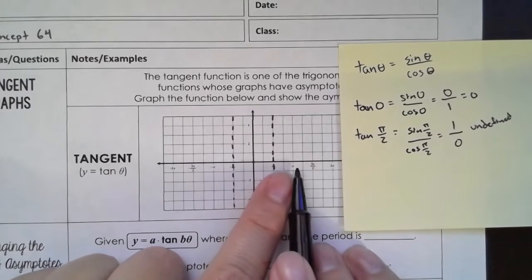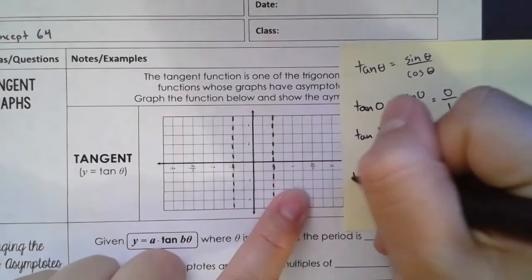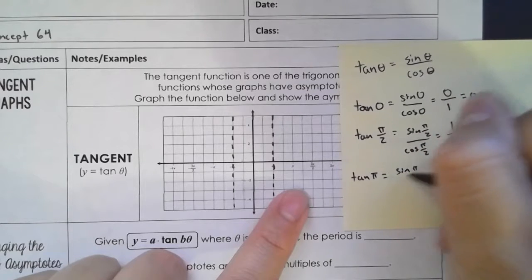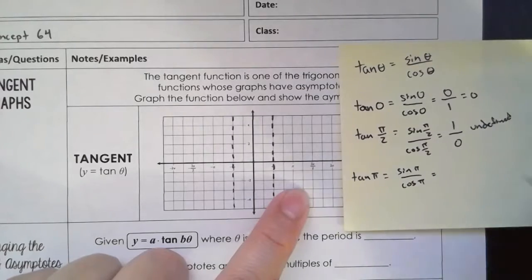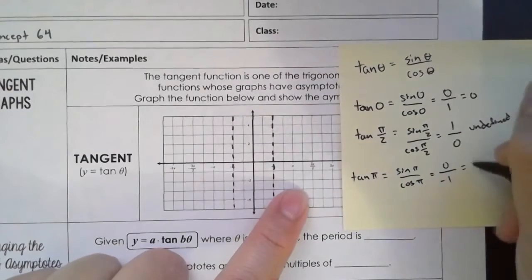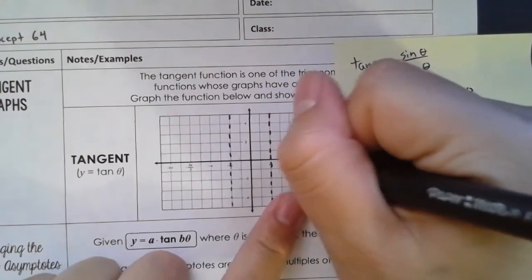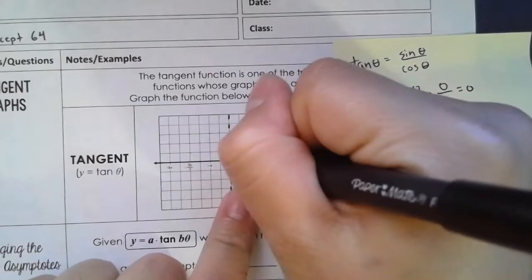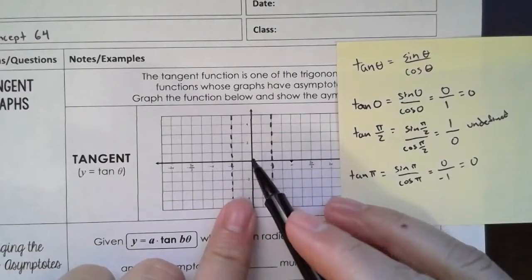So let's go ahead and take pi. Tangent of pi would be sine of pi over cosine of pi. Sine of pi is 0, cosine of pi is negative 1, 0 over negative 1 will be 0. So you'll be crossing here. And we also showed that tangent of 0 would be 0, so you're also crossing there, there, and there.